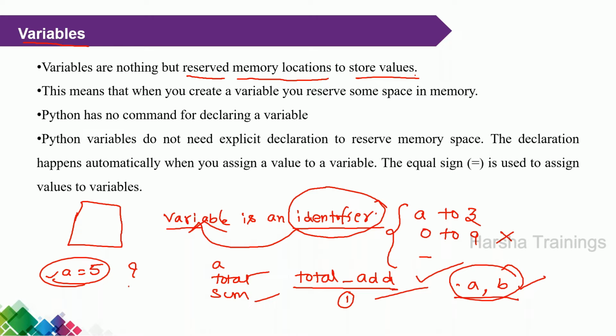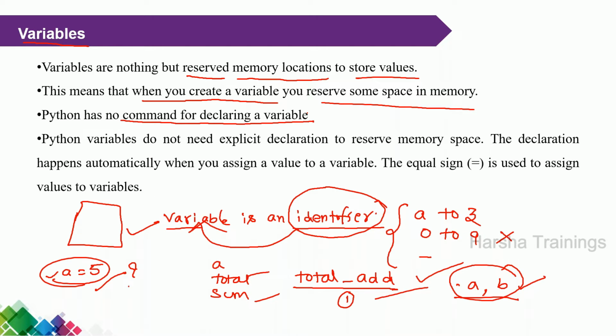Whatever value we pass is stored in memory. When you create a variable, you reserve some space. Once you write this statement, the system, that is the compiler or interpreter, automatically allocates some memory.